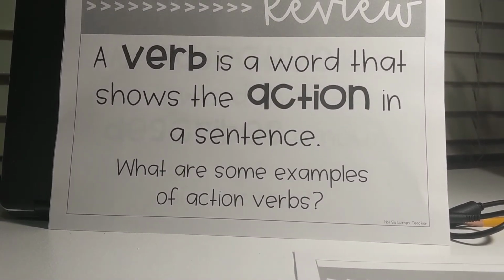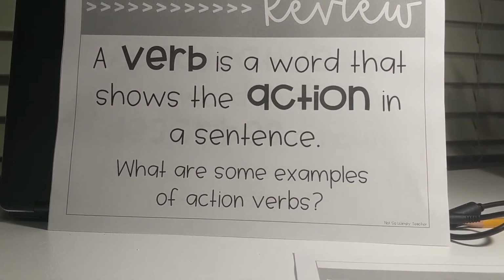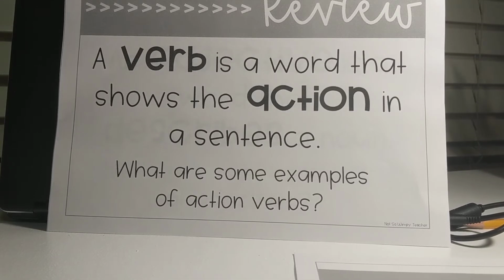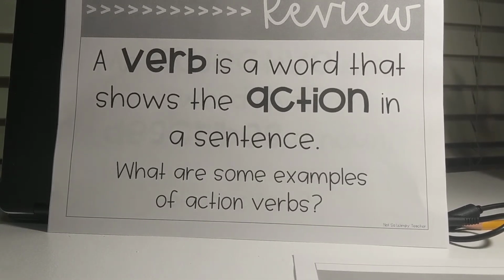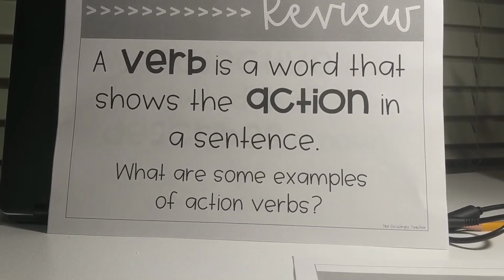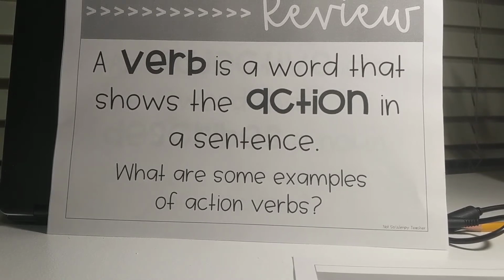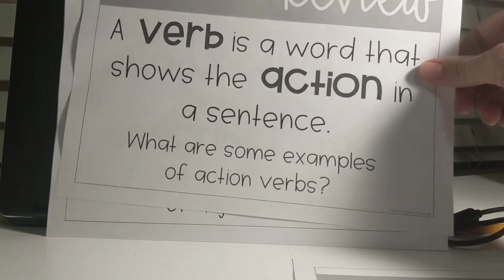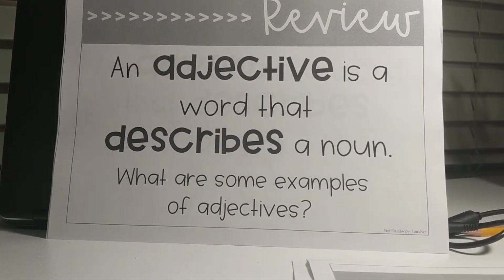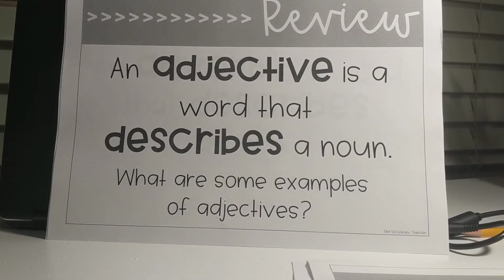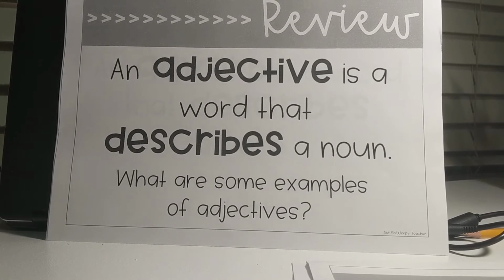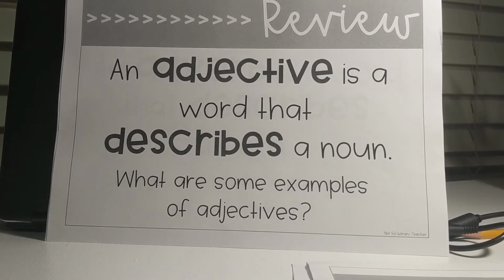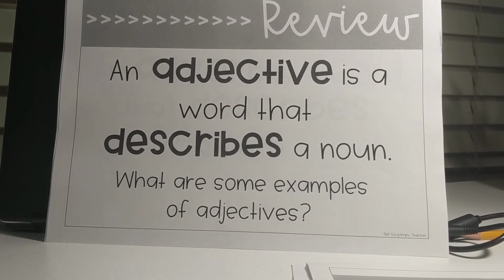A verb is a word that shows the action in a sentence. What are some examples of action verbs? Some examples might be run, jump, walk. Okay, an adjective is a word that describes a noun. What are some examples of adjectives?